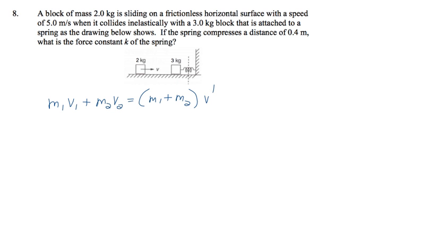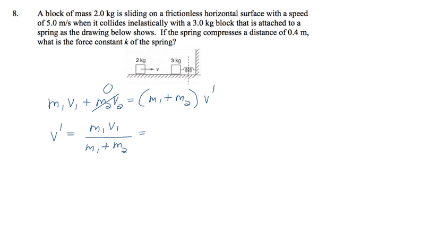And I know that the 3 kilogram mass is not moving to begin with. And since I'm solving for v prime, I'm dividing by the combined mass, so it's going to be m1 v1 divided by m1 plus m2.